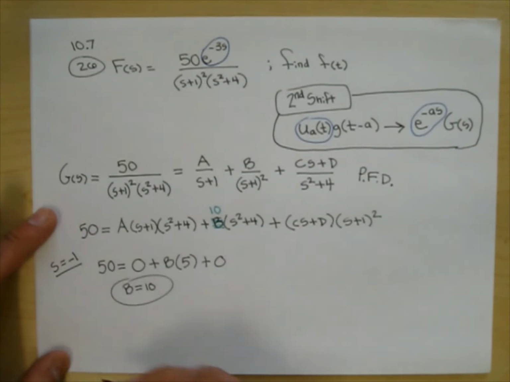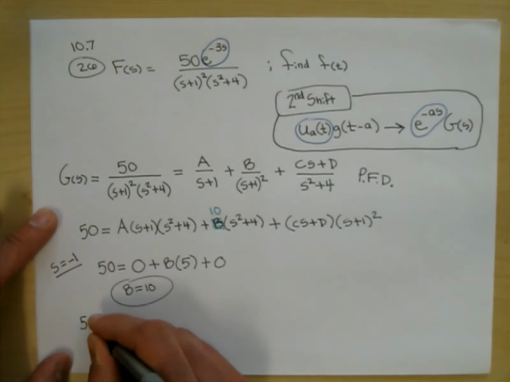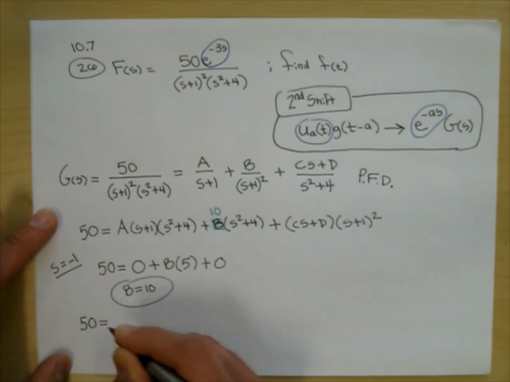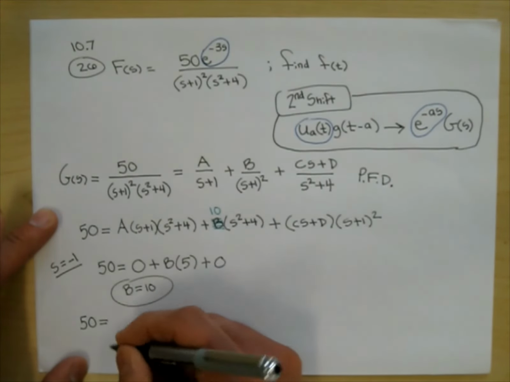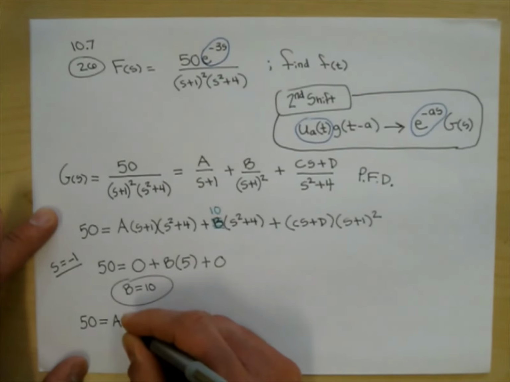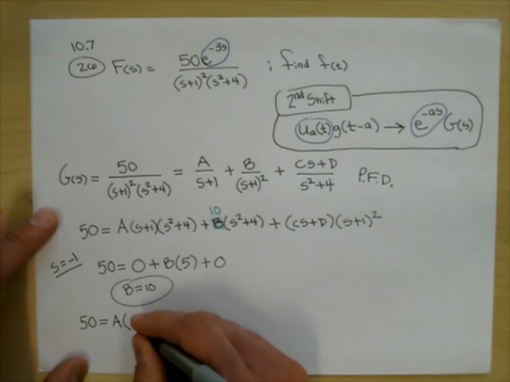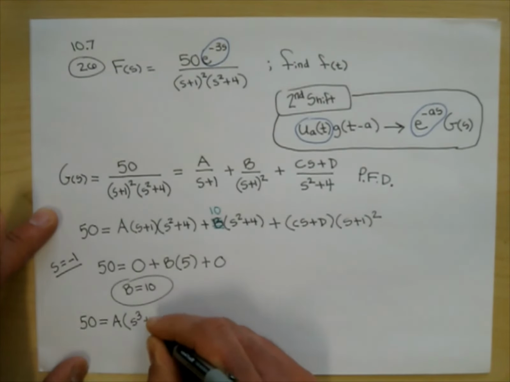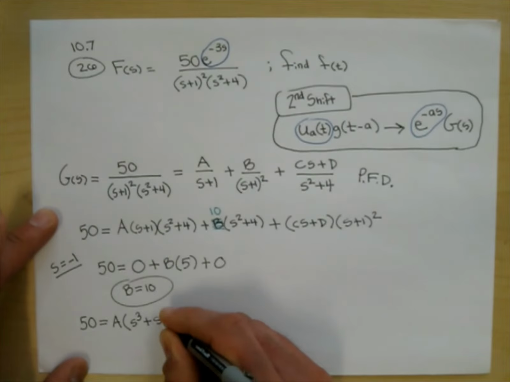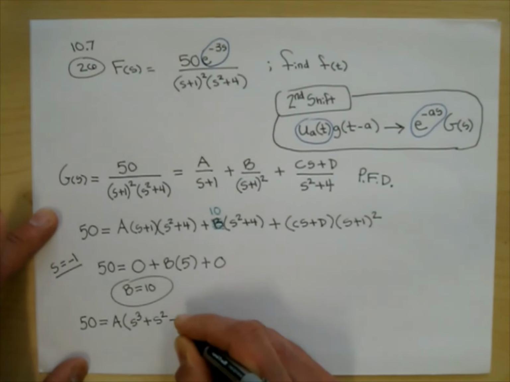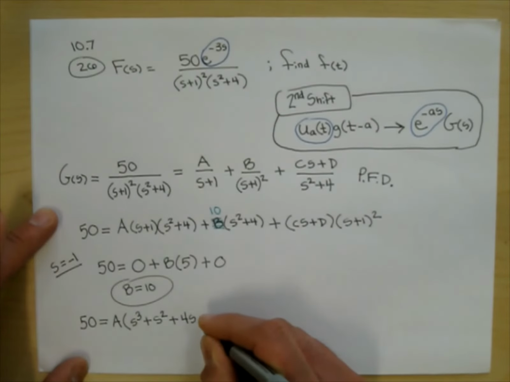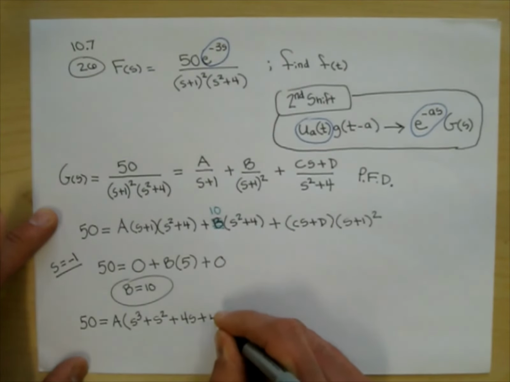So 50 equals, this is going to be fun, A times, okay, so I have to FOIL this out here. This gives me s cubed plus s squared plus 4s plus 4.